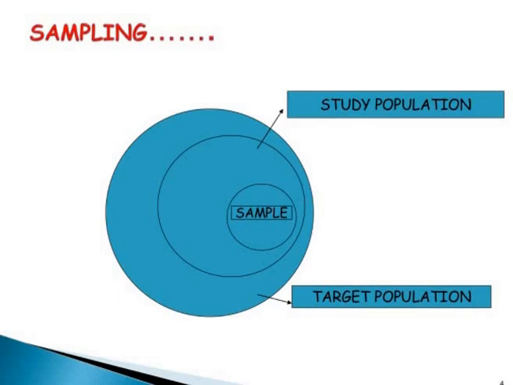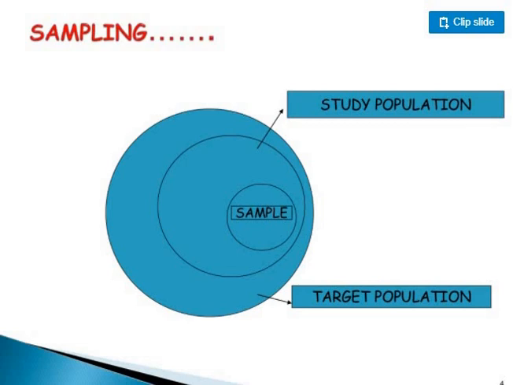Here you can see we have three circles. The first circle indicates the target population. Target population is the larger group that we are going to study.